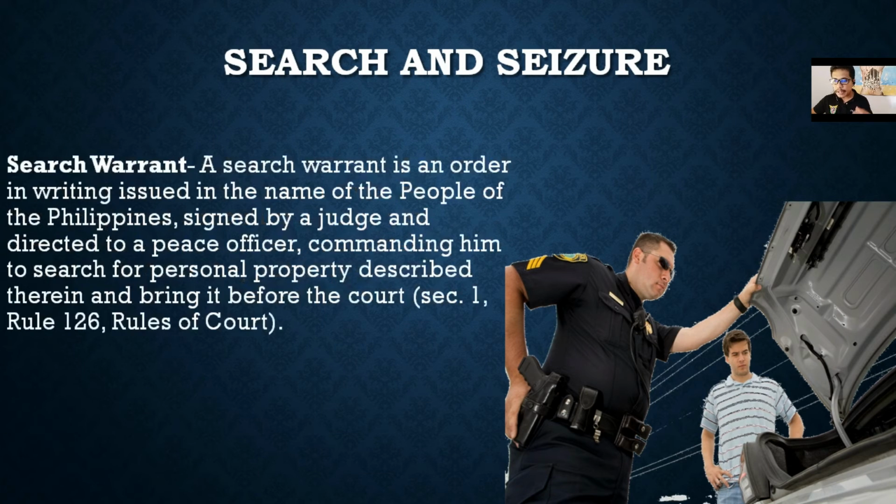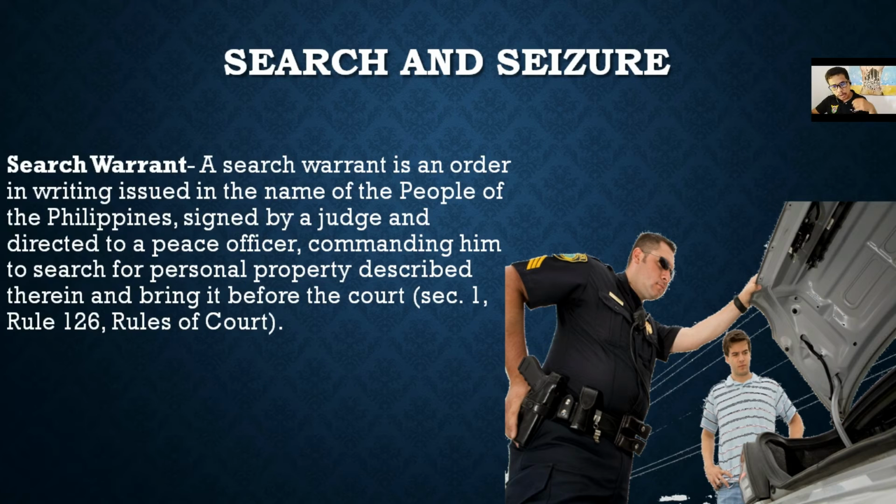In searching a particular property, or in searching inside a residence or a house or a building, we need a search warrant because in Article 3, the Bill of Rights, of the 1987 Constitution, the law is very firm that there should be no search unless there is a warrant. Okay?